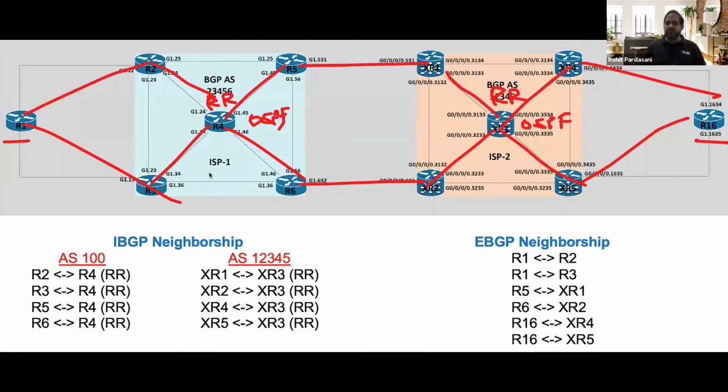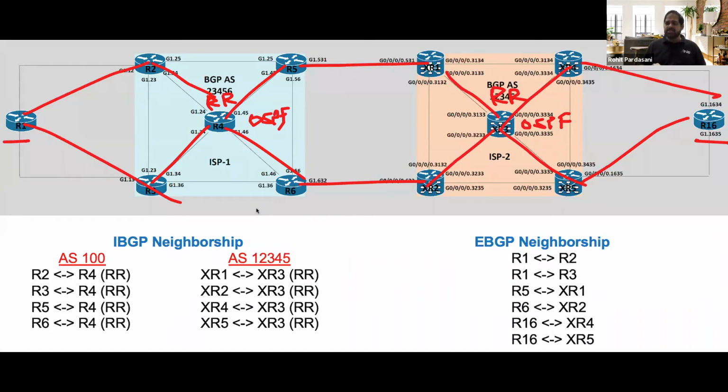But if you want R1 to always go through router 3 for all destinations, yes, you could just directly apply weight to the neighbor without creating a route map or access list, not matching anything. But if you want R1 to select R3 as an exit for a specific route or a specific AS, then you have to create a route map.